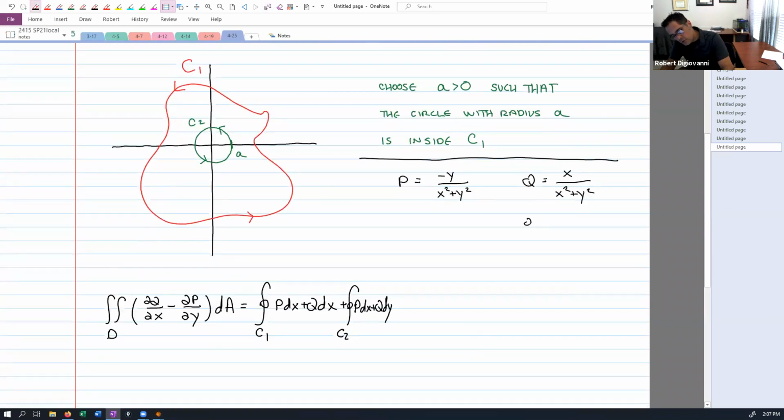What is the partial? Let me do partial of P with respect to Y. I'll do that here. With respect to Y, I have to do quotient rule. So derivative of the top is 1 times the bottom, minus the derivative of the bottom with respect to Y, which is going to be 2Y times the top, all over the bottom squared.